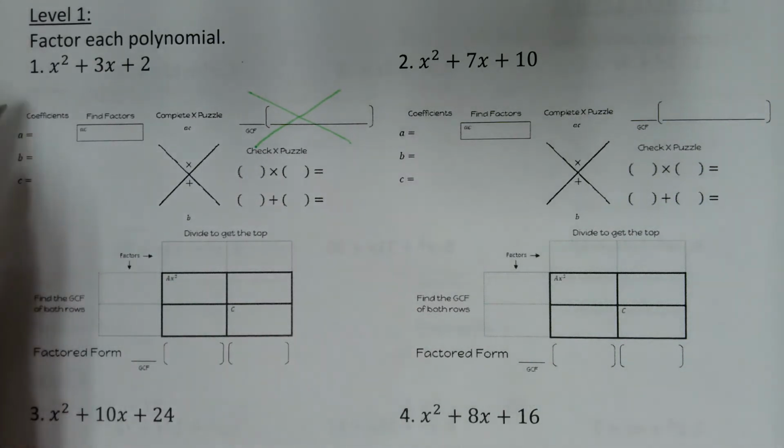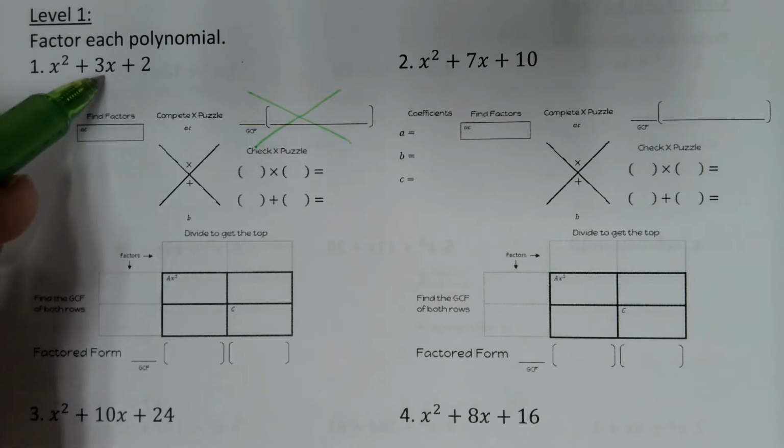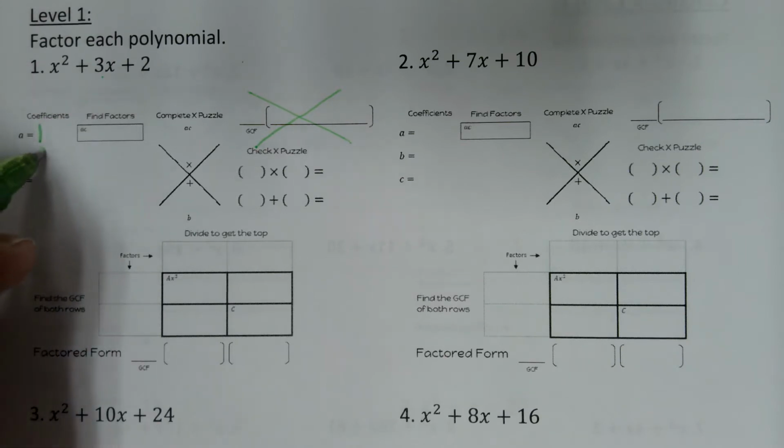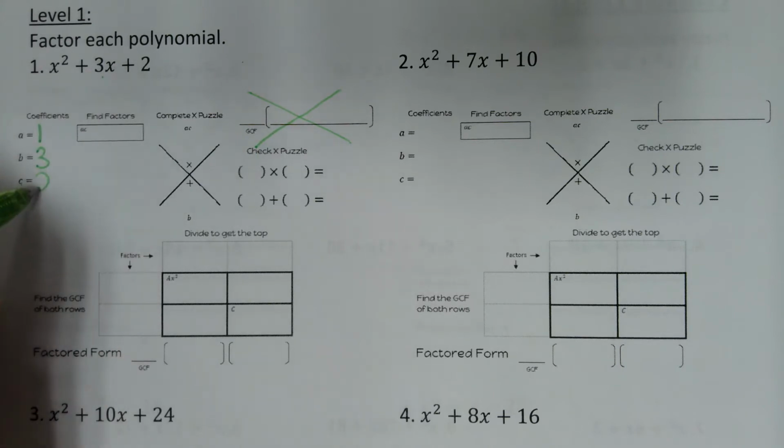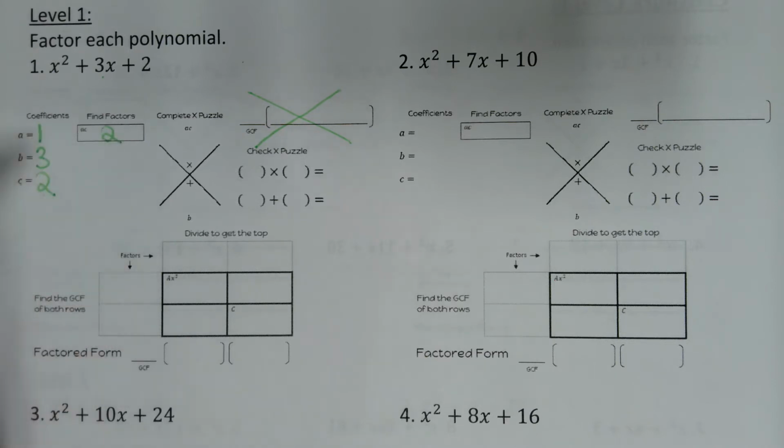Second step would be to identify our A, our B, and our C. So the number in front of the x squared is 1. The number in front of the x is 3. And the constant is 2. So now we are going to find the factors of A times C. A times C is 2. 1 times 2 is 2.